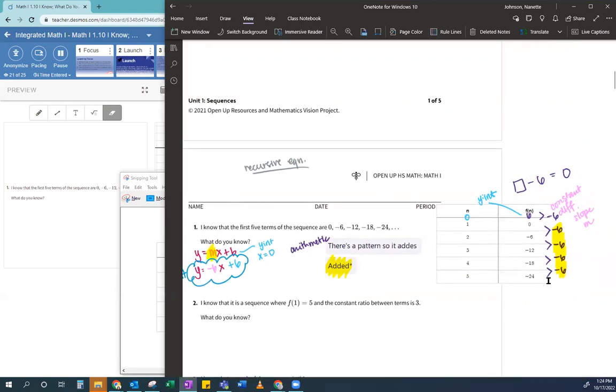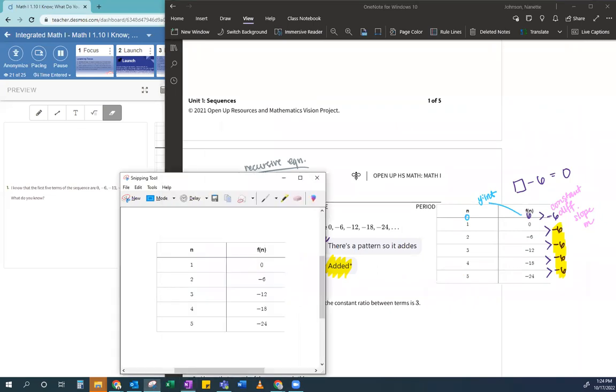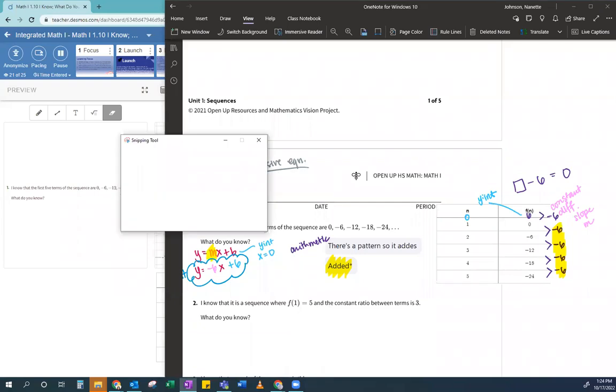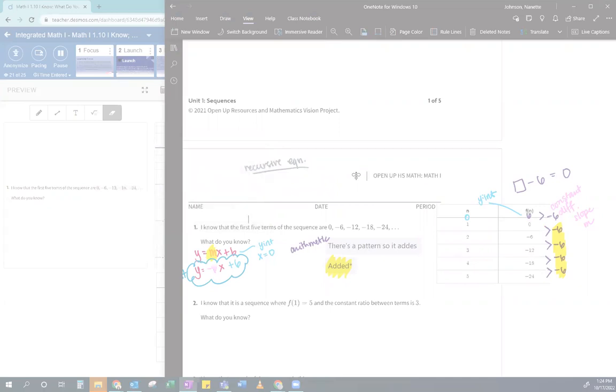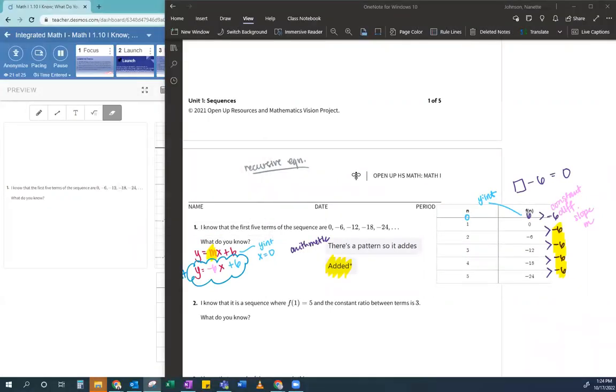There are 2 parts to your recursive equation. Some of you already gave me the second part. This is the second part of your equation. A bunch of people just gave it to me.